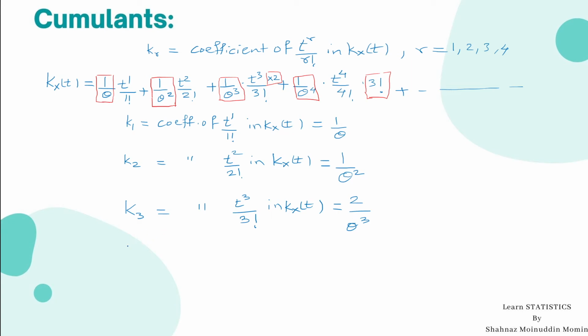The last cumulant is k4, which is equal to the coefficient of t raised to 4 divided by 4 factorial in the expansion of the cumulant generating function, and which I have marked here, 3 factorial divided by theta raised to 4. 3 factorial is 3 into 2, 6, divided by theta raised to 4.